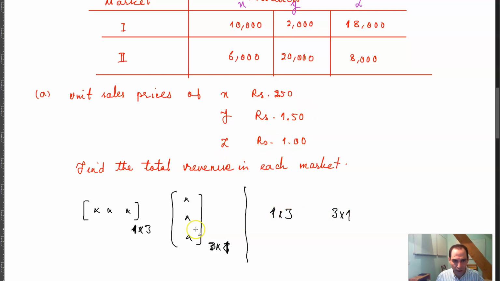And I could take the same matrix and multiply it by this matrix, in which case multiplication would simply not be possible, right? Okay, so if I remember correctly, I can use this matrix for the products and this matrix for the unit prices.